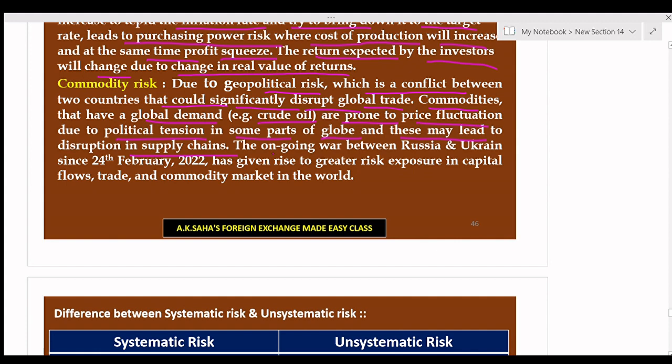The ongoing war between Russia and Ukraine since 24th February 2022 has given rise to greater risk exposure in capital flows, trade and commodity markets in the world.